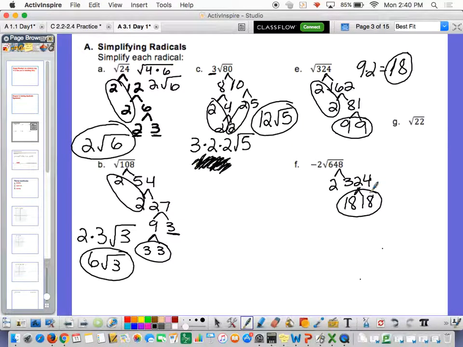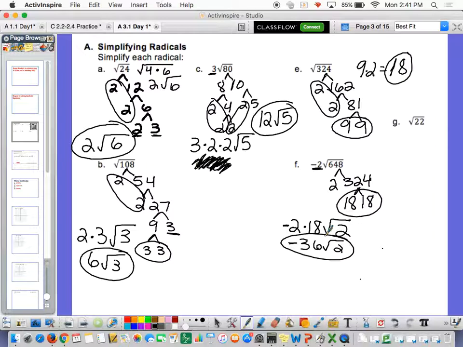So you have a pair of 18s, okay? You can't forget about that -2. So you've got -2 times 18, and then you still do have a 2 left there underneath the radical. Can't forget about that. Then you just multiply, and you get -36, square root of 2, circle it, donezo's. Okay?